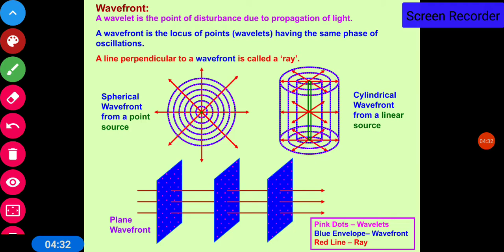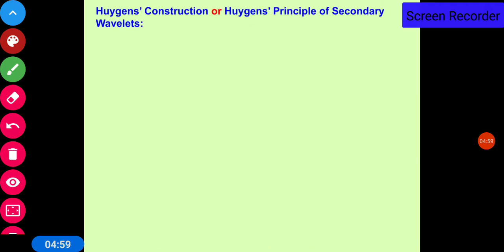The blue envelope is the wavefront, the pink dots are the source or the wavelets, and the red line is the ray. So a point source produces a spherical wavefront, a linear source produces a cylindrical wavefront, and when the source is very far away, at very far points a plane wavefront is produced.